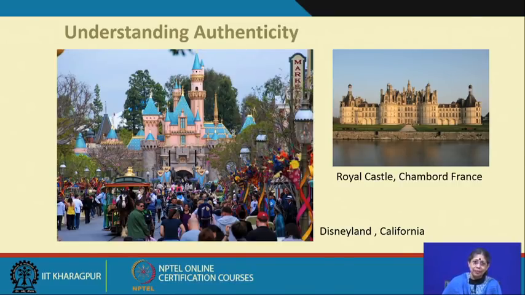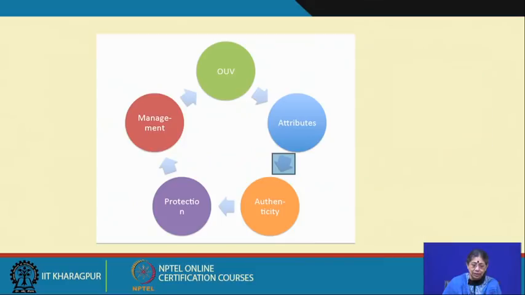That is a castle, and this is an illusion of a castle, which is the purpose of Disneyland. So, in the context of Disneyland, this is proper, genuine and authentic. We must remember this context when we are talking about authenticity.